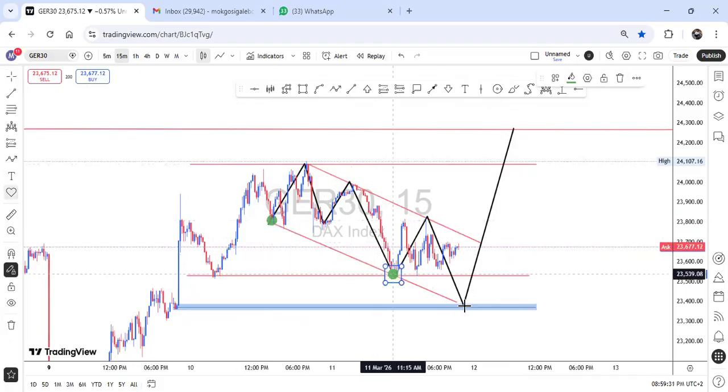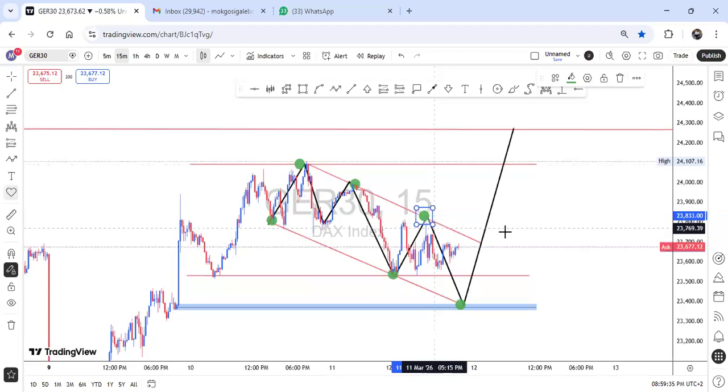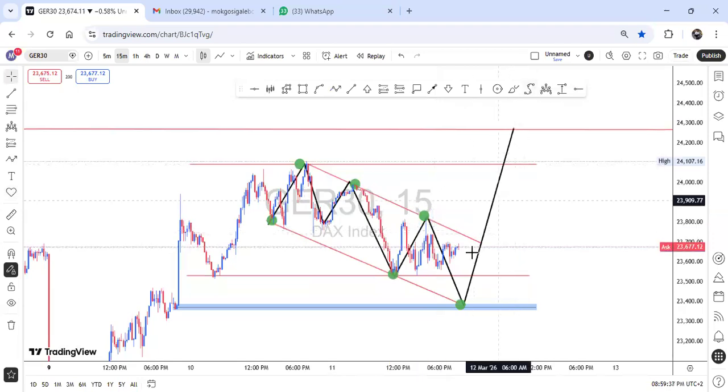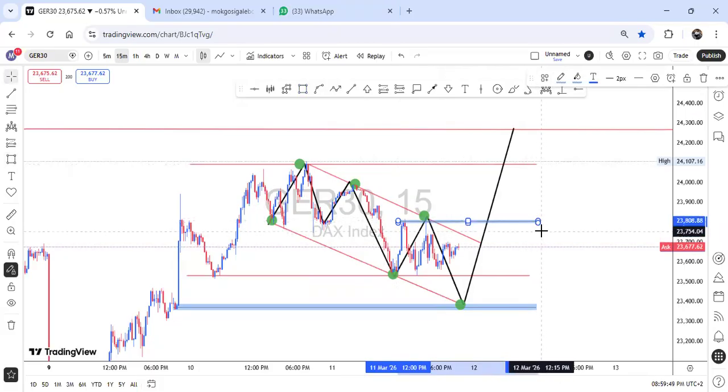I will say this and this. Here it's completed. Once they break it, they will break impulsively without respecting. That's a probability and possibility. But immediately once they break this high, not a trend line. We don't say they are going to break a trend line.